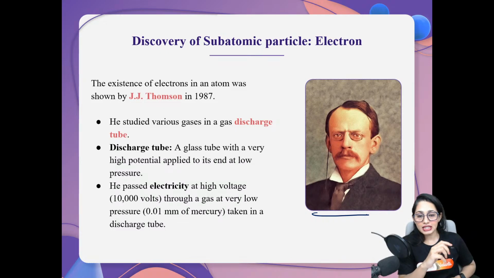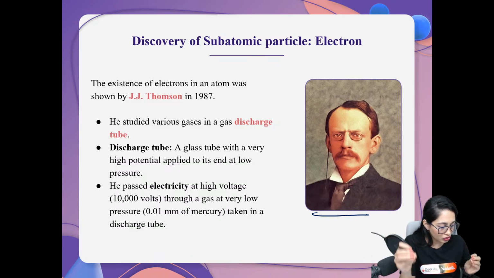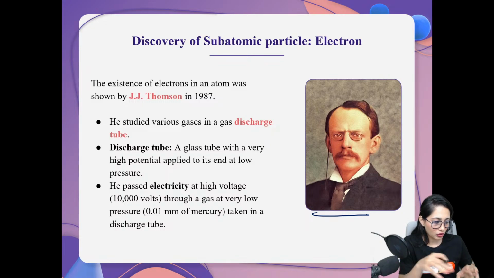He studied various gases in a glass discharge tube. What does a discharge tube contain? It is a glass tube with a very high potential applied to its ends at low pressure. So there will be electricity passing, and the pressure will be very, very low.